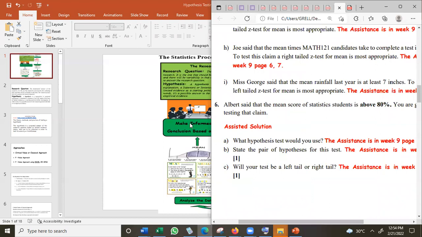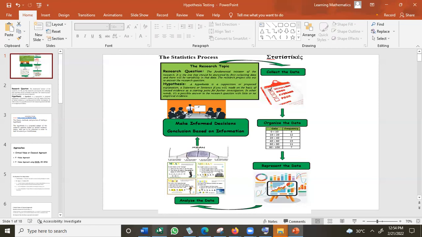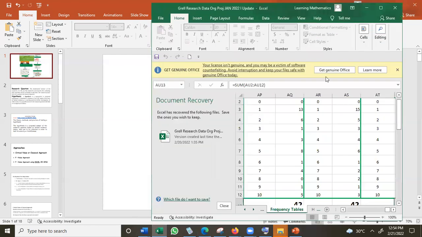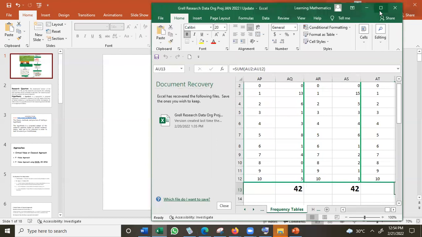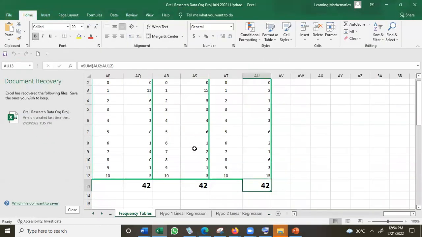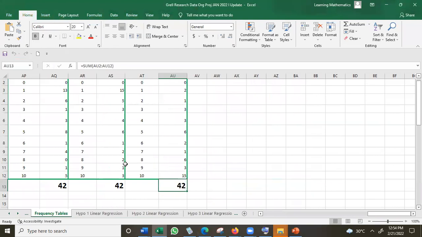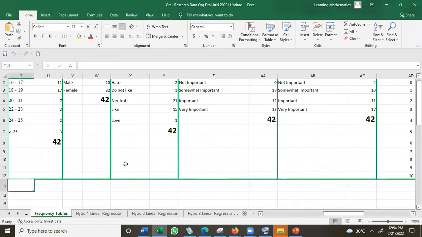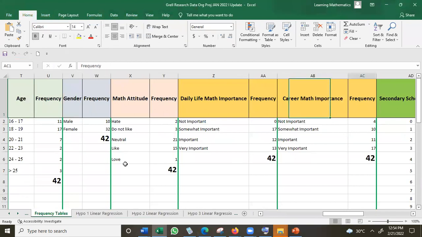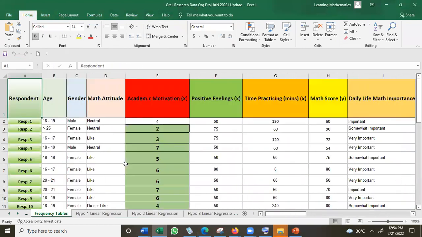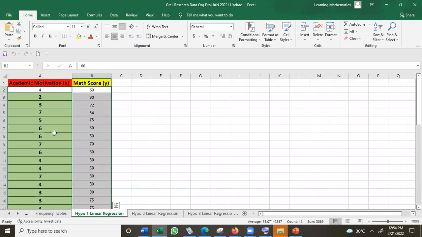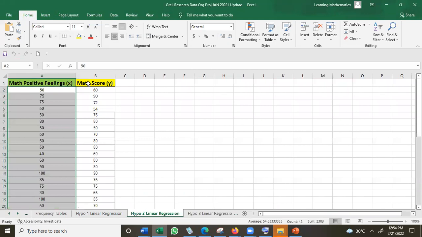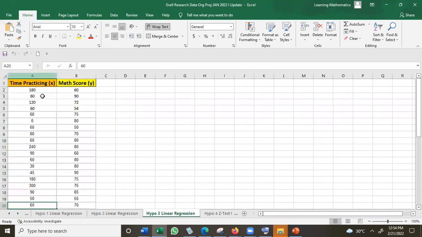Now, this ties in nicely with our project. Bear in mind, I sent a document showing a video, showing where I completed the frequency tables for the project, just to be in tune, because I'm actually doing the project together with you all, to facilitate the correlation: motivation and math score, positive feelings and math score, time practicing and math score.